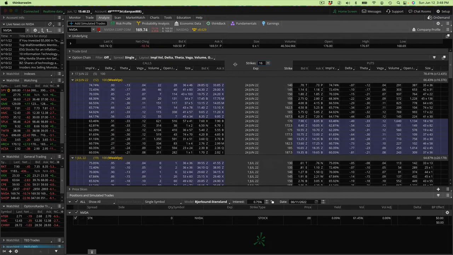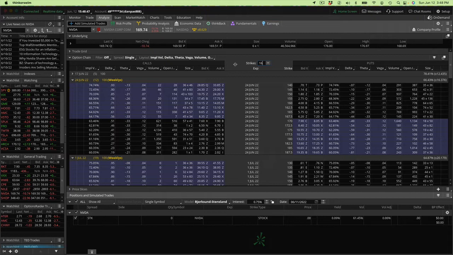If it's overpriced, I might instead sell a put spread. So the moral of the story is, all those three steps in my trade analysis help guide which strategy I select.